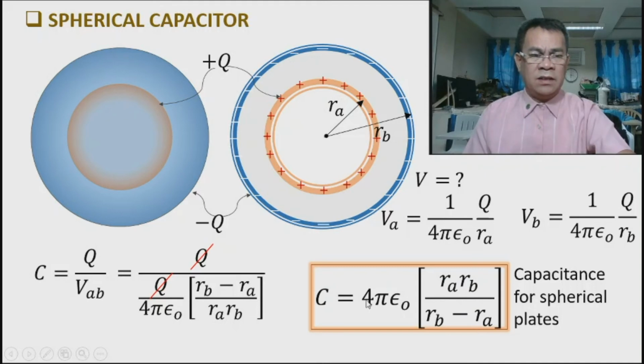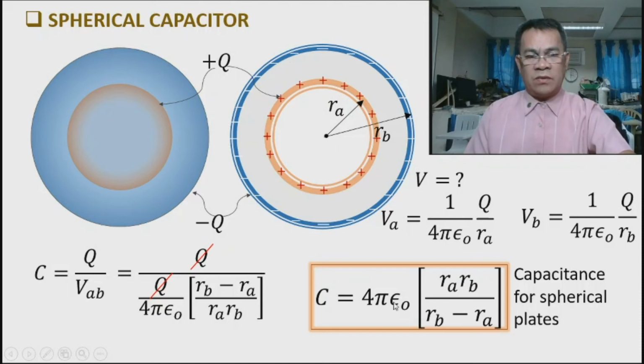This is the capacitance of spherical plates. This is for spherical plates only. Again, remember that for parallel plates, C is equal to permittivity times A divided by D. But this one is in terms of the radius of the sphere. So we can always find the capacitance value of the spherical capacitor provided the radii are given.